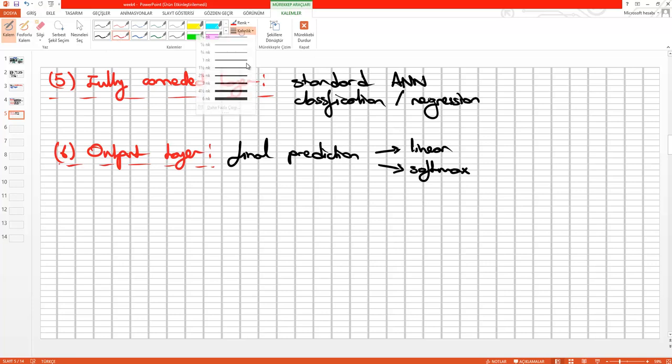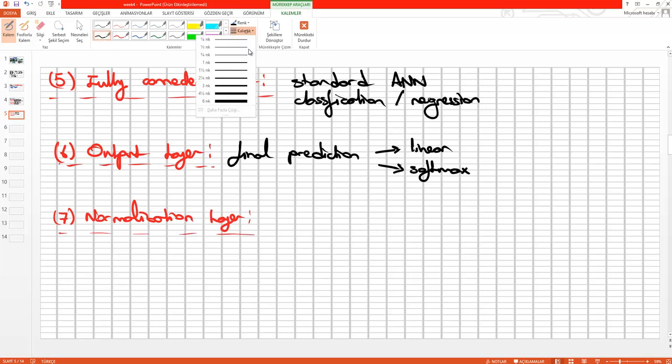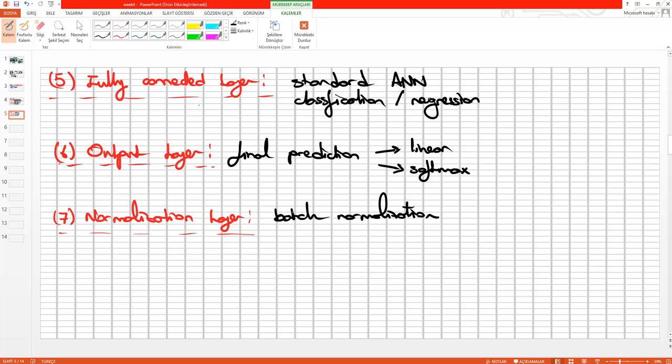Besides that, we also have a normalization layer, which can be used in standard CNN applications. This is always called batch normalization. What's the meaning of batch normalization?